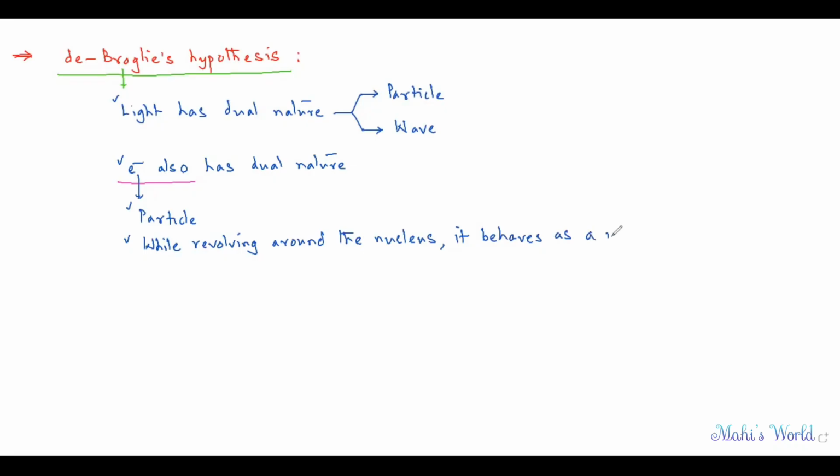So, even electron also has dual nature, just like light has dual nature.